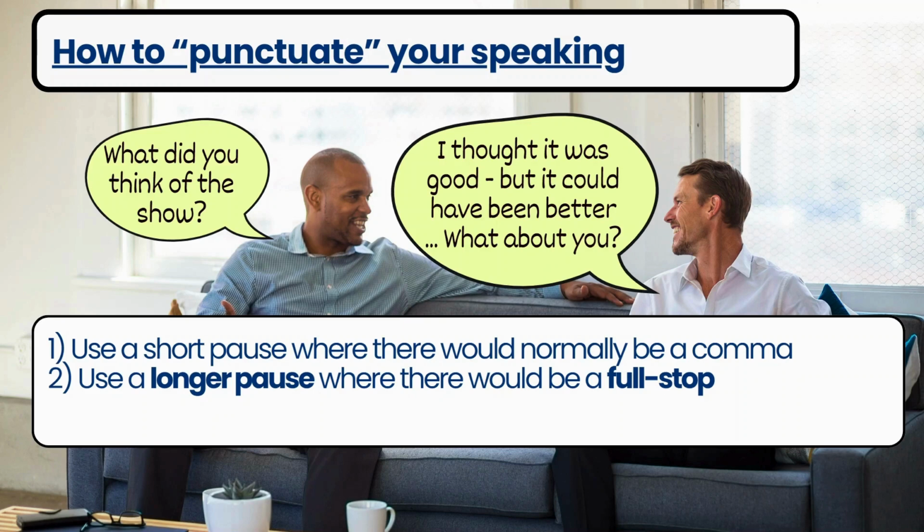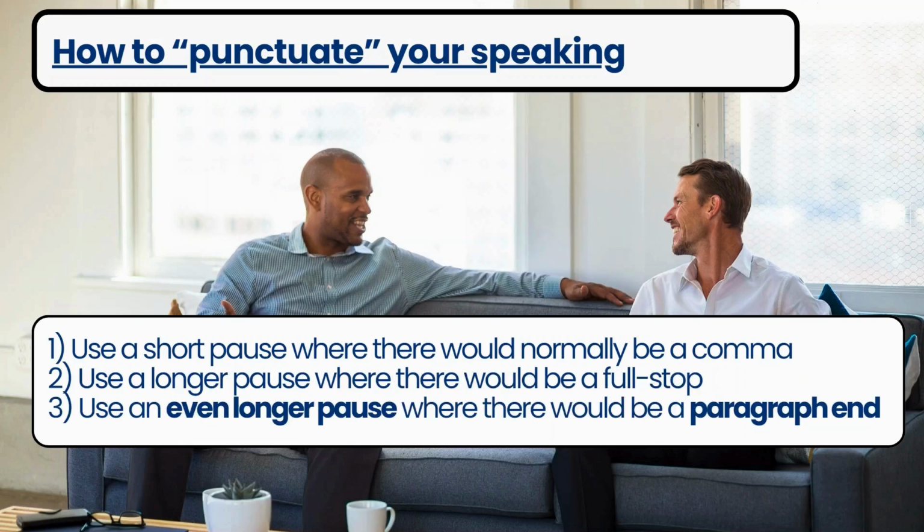What about you? Notice that there was a slightly longer pause between better and what than there was between good and but. That is because in written English there would have been a full stop at the end of better. And third, use an even longer pause where there would be a paragraph end.